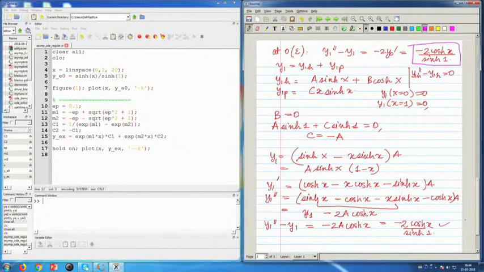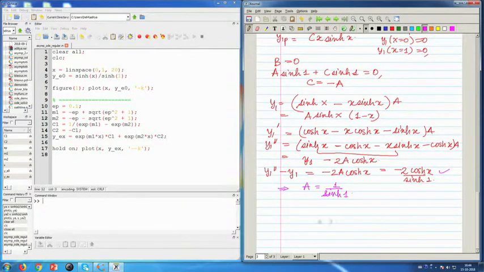So, this is equal to this, which clearly implies that A has to be equal to 1 by sinh 1, and thus the solution y1 is equal to 1 by sinh 1 times sinh x times (1 minus x).